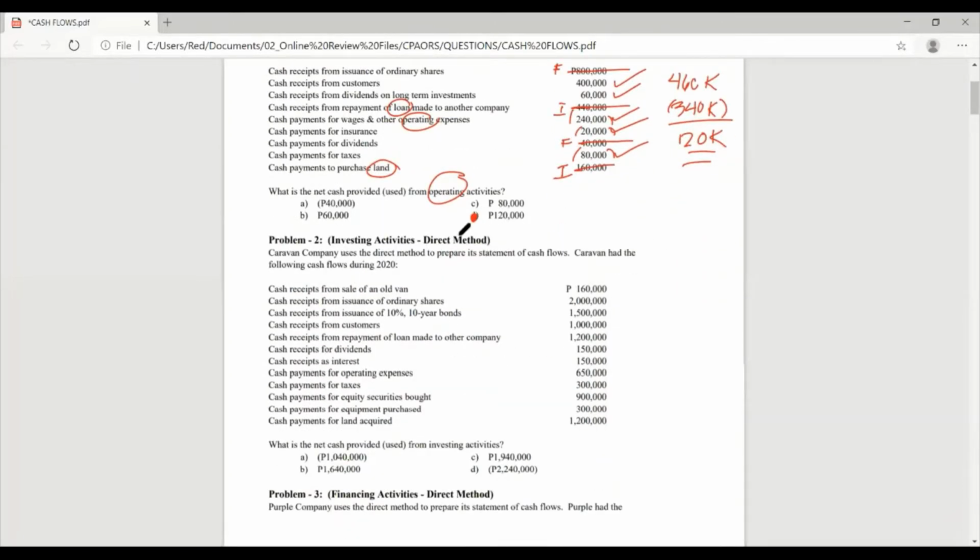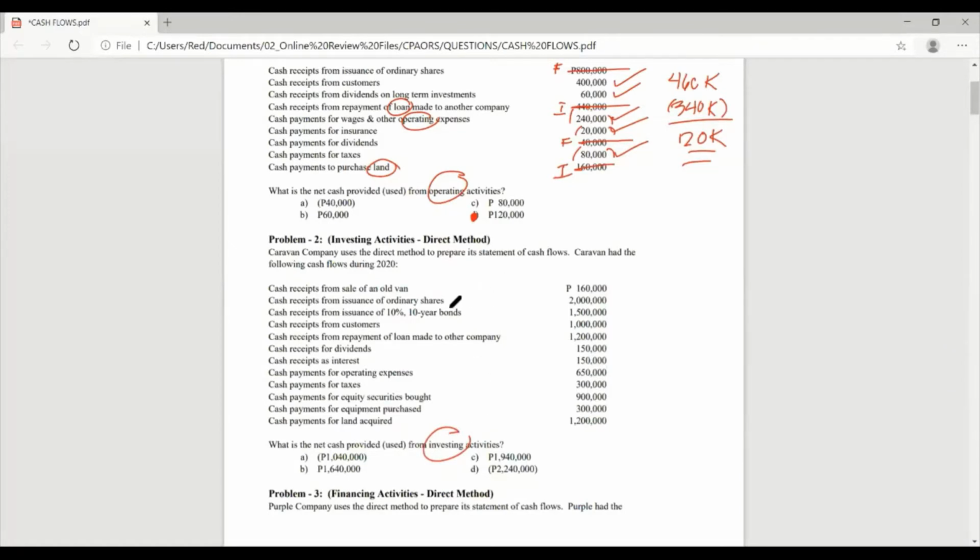Investing activities, direct method. So now it's investing activities. Investing and financing activities are always direct method, because there's no indirect method you can use for investing and financing. So investing is always direct method. The question is, what's the net cash provided or used from investing activities?